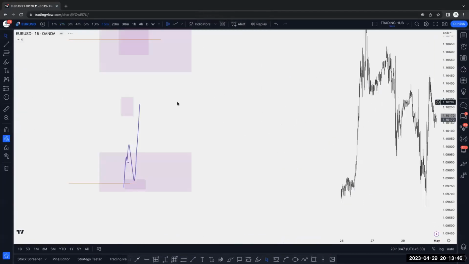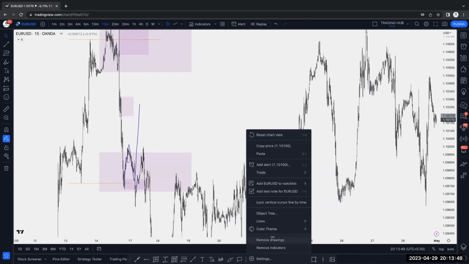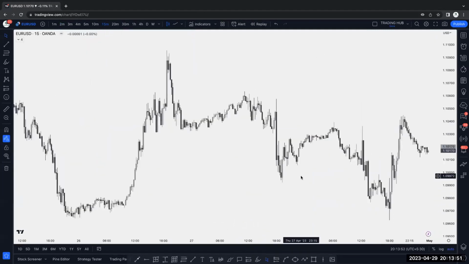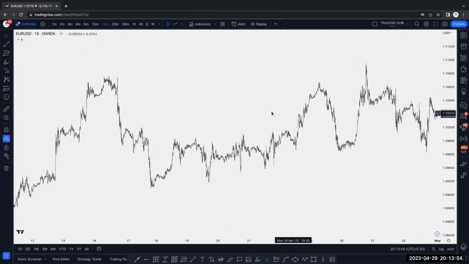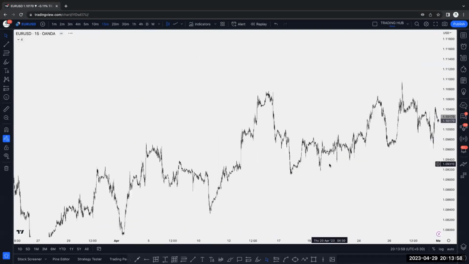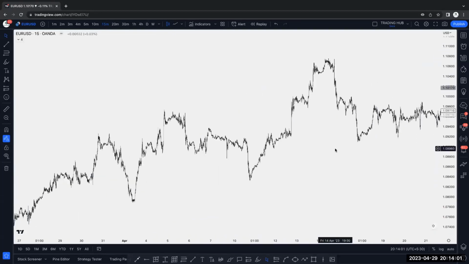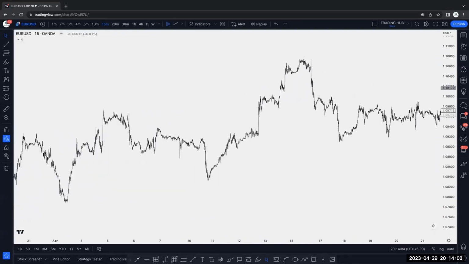All right. So first of all, you have to switch to a lower time frame. So let's start. Which part do you want to backtest, everyone? Let's do random.